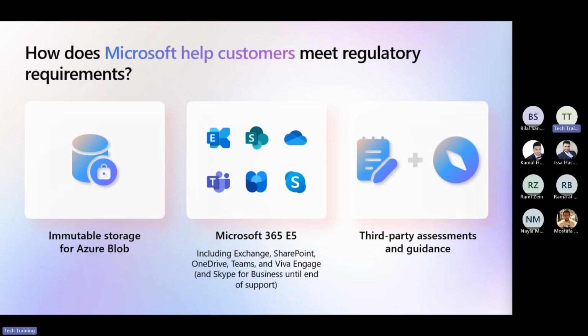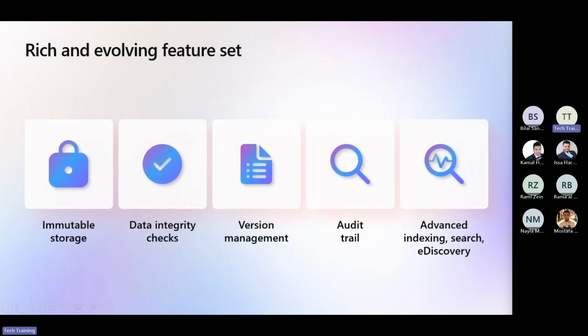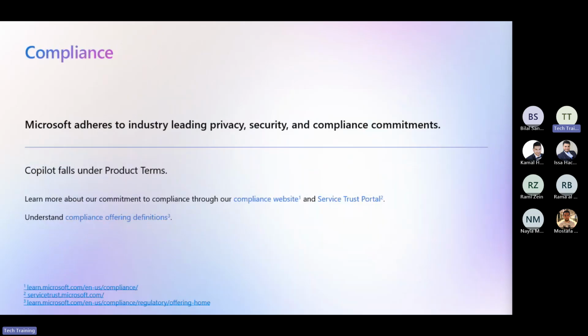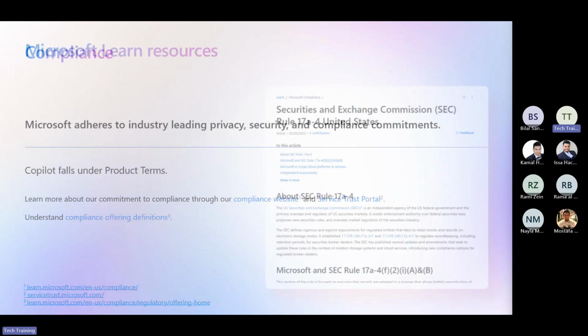You should follow the steps and comply with all regulations related to all of these. Okay? Rich and evolving features, these are just explanations for that. Microsoft adheres to industry-leading privacy.